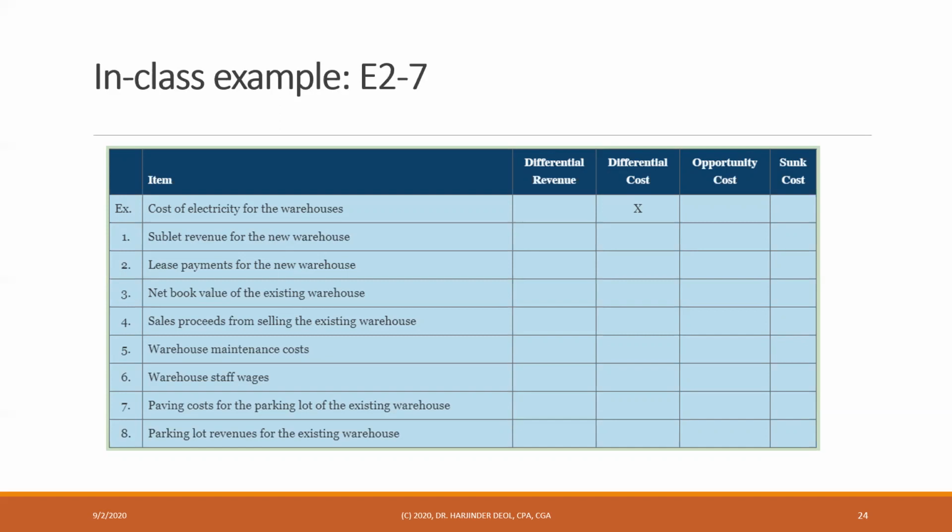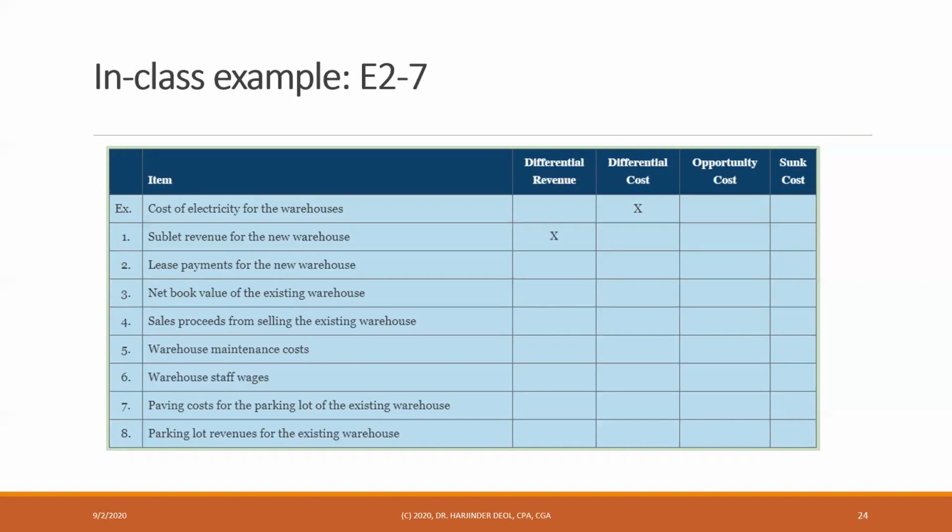This is linked inextricably to the decision to move into the new warehouse. If we move into the new warehouse, we can sublet a portion. If we choose not to, then it's not going to come up. So it is a differential concept, and this will result in revenue for the company. So this will be an example of differential revenue.